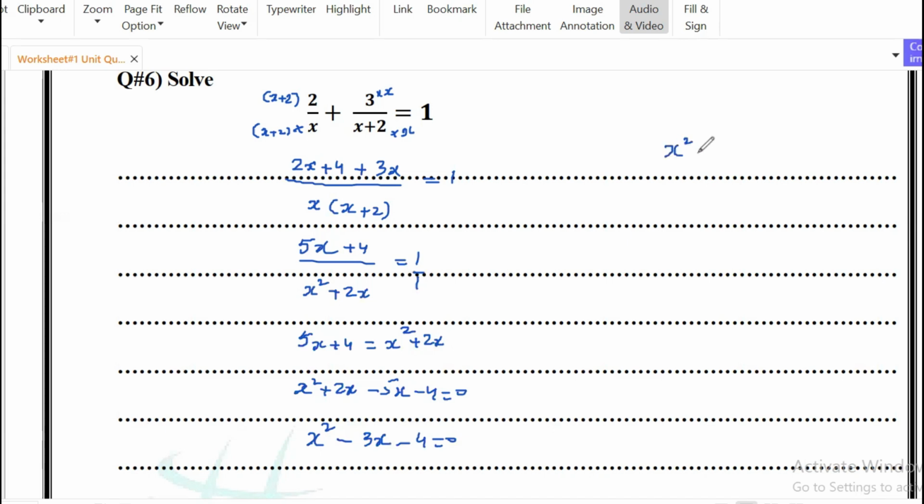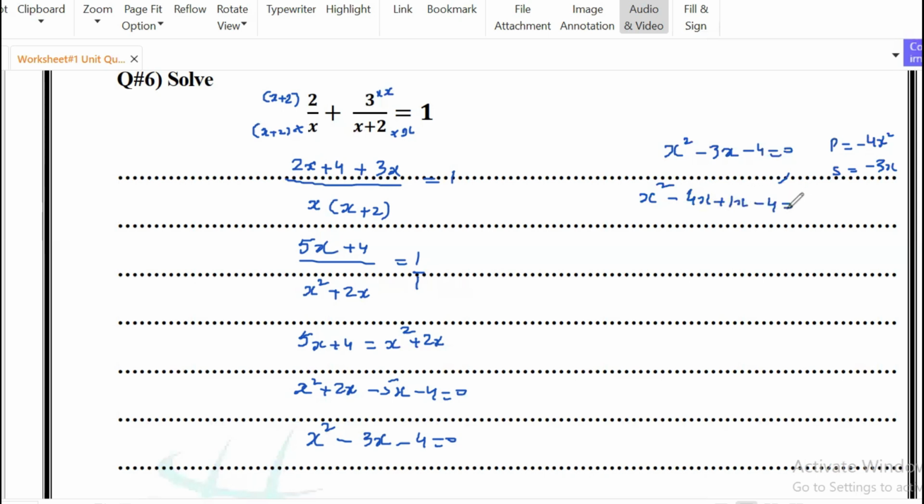So x squared minus 3x minus 4 equals 0. If I check through product, it is minus 4x squared, and my sum value is minus 3x. So basically we are looking at the factors of 4, which are 1, 2 and 4. And if we check through 1 and 4, this will work for us: x squared minus 4x plus 1x gives me minus 3x as well.